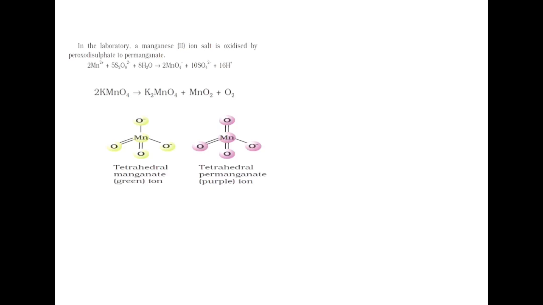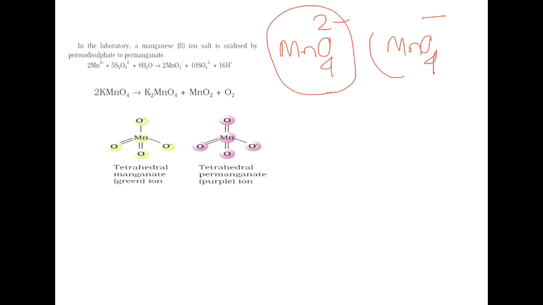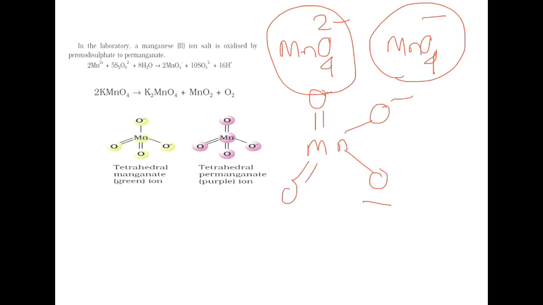Then the structure of manganate and permanganate. Actually, the color of manganate is green. This is manganate, MnO4 2-, with Mn double bonded to O and O minus, O minus. The color is green. And this is the structure of permanganate.